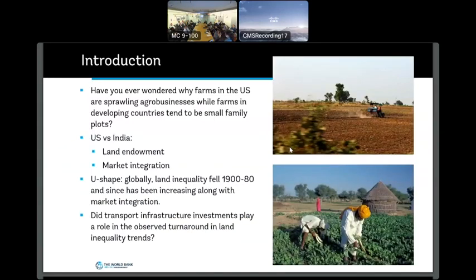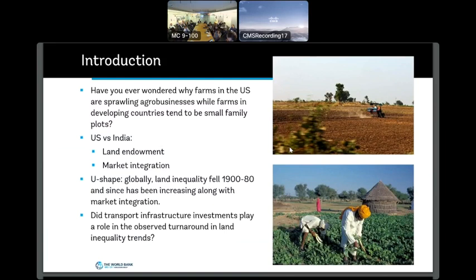So to start off, have you ever wondered why here in the US, for example, the farmland tends to be held by these strong agribusinesses, and you travel elsewhere, like to India, and you're more likely to find smaller family farms? Thinking back, the US also used to have quite a few small family farms. How did this evolution take place?